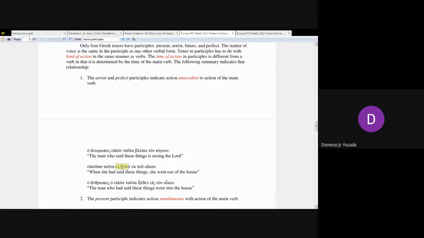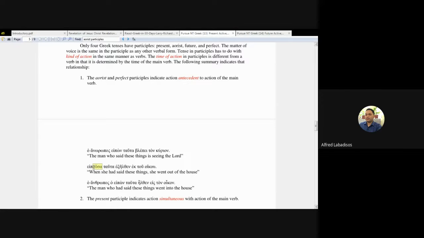Okay, ergomai. So this one is the main verb. So you have to look at the main verb. Then we have ipusa. The ending is usa. What is the gender? Feminine, because of usa.